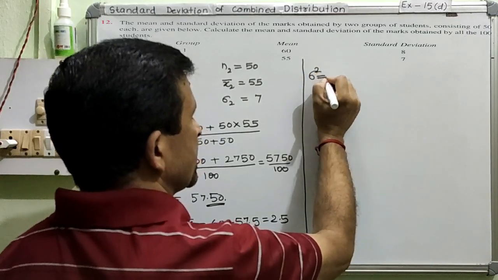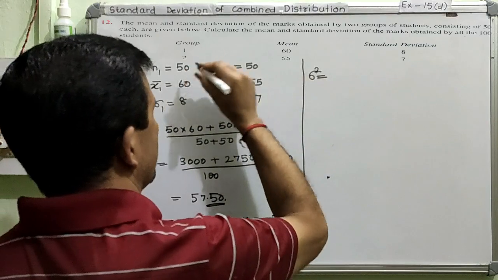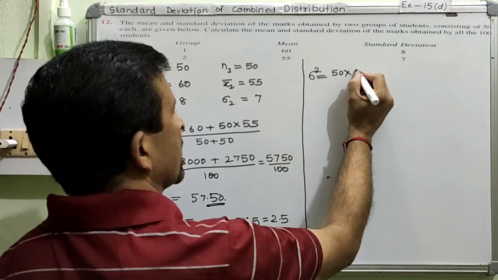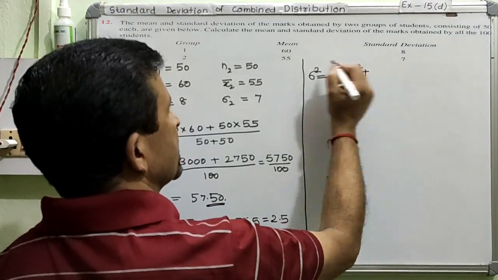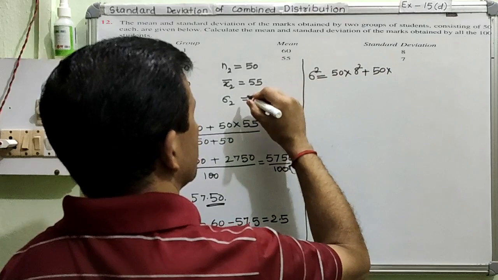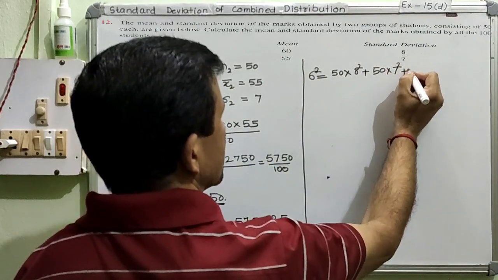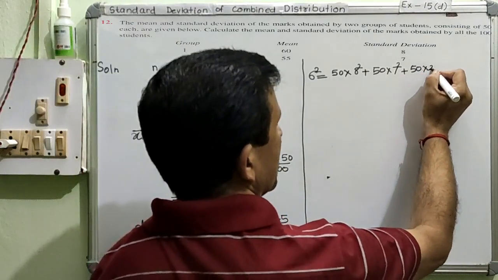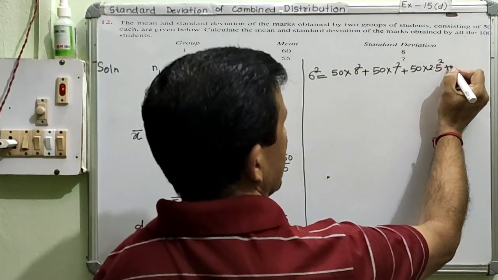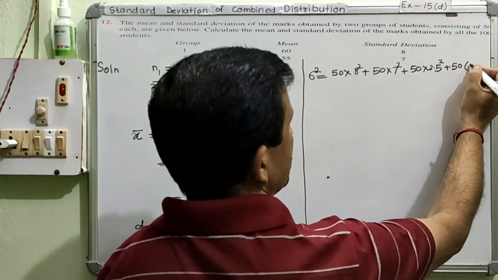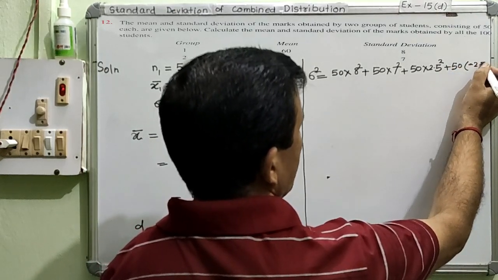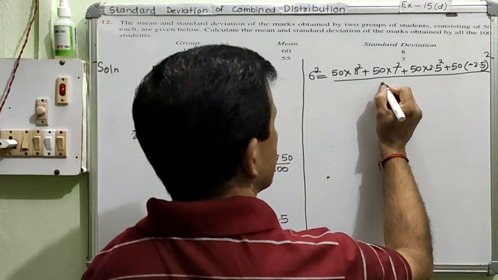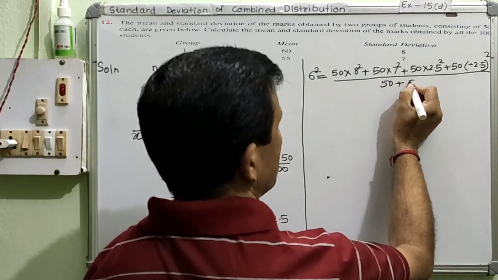Sigma square is equal to n1 sigma1 square, that is 50 into 8 square, plus n2 sigma2 square, 50 into 7 square, plus n1 d1 square, 2.5 square, plus n2 d2 square, that is negative 2.5 square, divided by n1 plus n2, that is 50 plus 50.